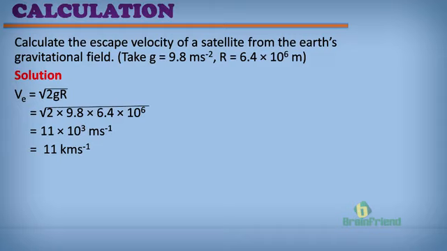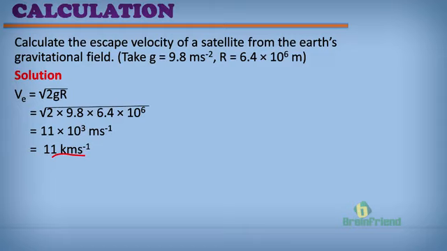That is root of 2 times 9.8 times R, which is 6.4 times 10 to the power 6. Multiplying out, the square root finally gives you 11 times 10 to the power 3. And the unit is meter per second. Remember, it is velocity, and velocity is measured in meter per second, which is simply 11 kilometers per second.